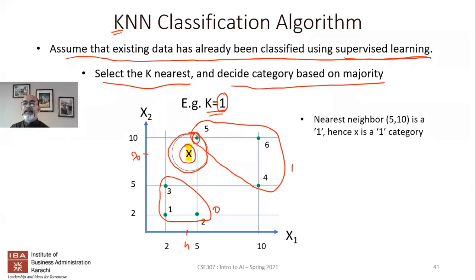The item with values 5 and 10 is the nearest, and that's visible as well, as opposed to the other points which seem fairly further away. Because this point at 5, 10 is category 1, X is going to be classified as a 1.